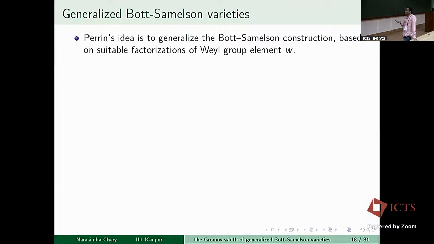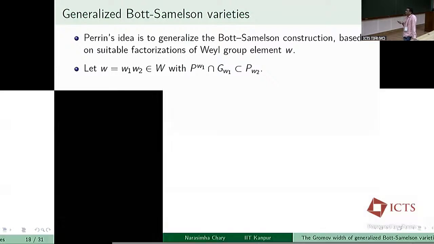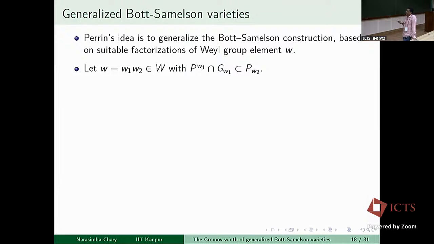So here you take W as W1 and W2, and now you have to put this condition. G_W1 is the group generated by the simple roots appearing in W1, that is, the subgroup generated by U_alpha and U_minus-alpha, where alpha is in the support of W1.